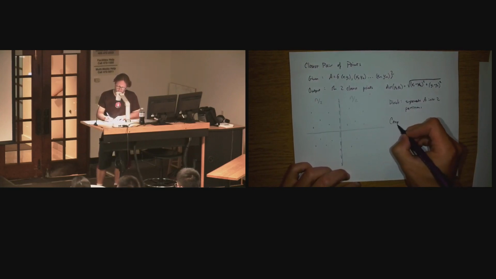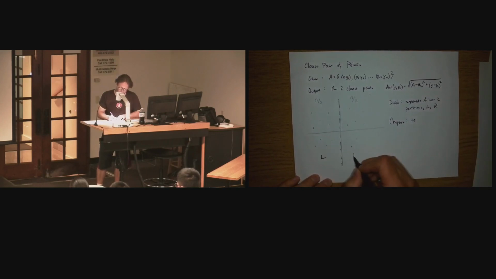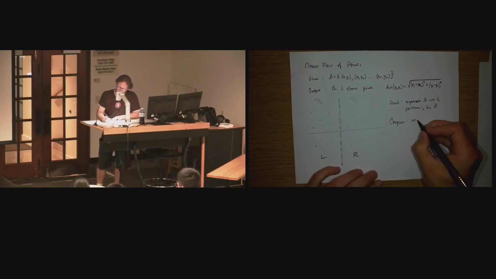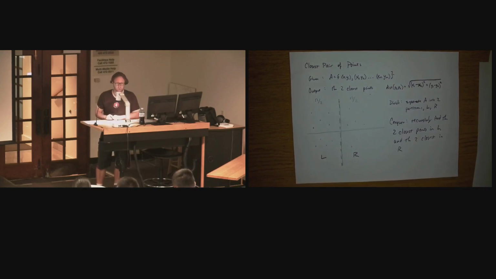Conquer. Recursively, and I'll call these the left partition and the right partition. So over here this is left and this is right. Recursively find the two closest points in L and the two closest in R. I'm going to give labels to the distances.